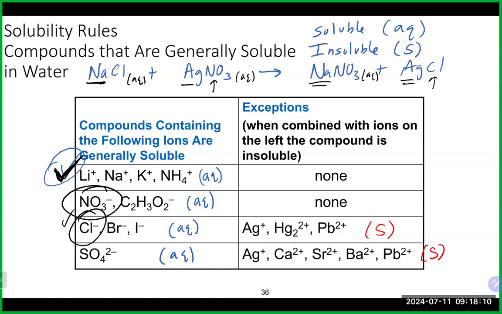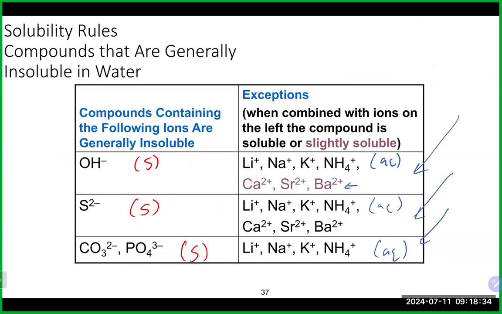Chloride is soluble in everything except for silver, which is one of the exceptions. So instead of being soluble, it's going to be the opposite, and we would expect that to be our solid in this case, and that would be the white solid that forms when you mix these together. You might have done it the other day, in one of those experiments. Any questions on that?